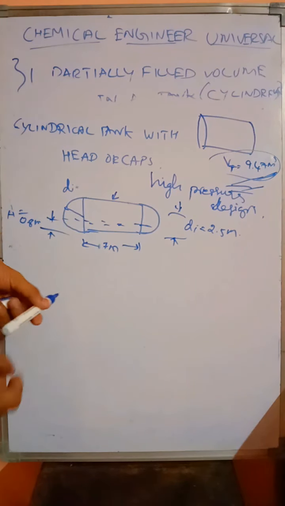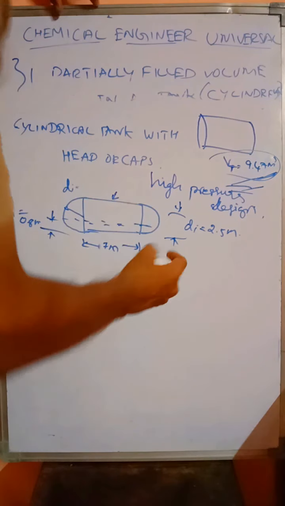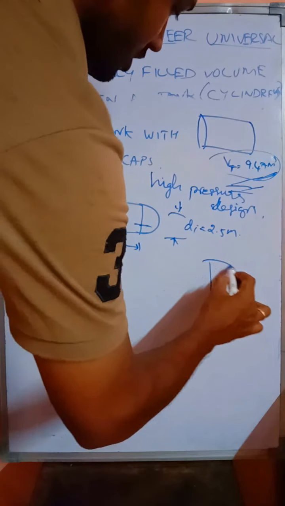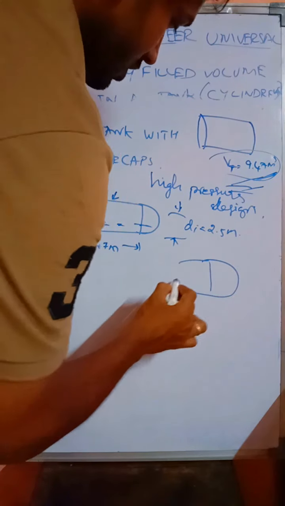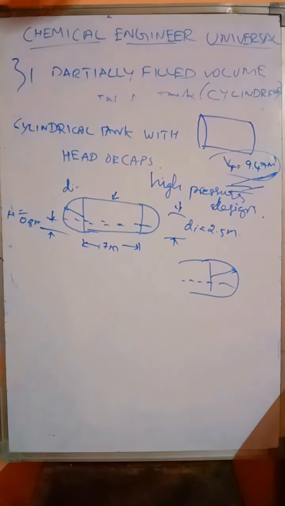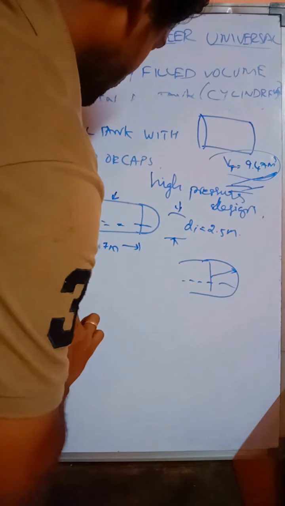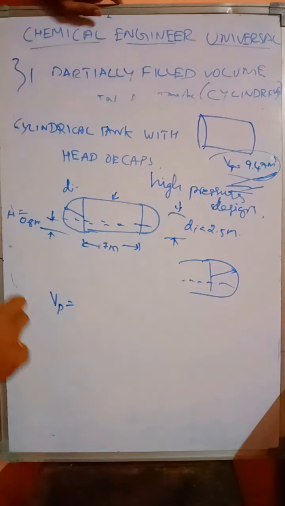Okay, the next thing, we are going to take this small portion only, right? So the level, this is dia. So how do you calculate it? For this partial volume we have a generalized formula.